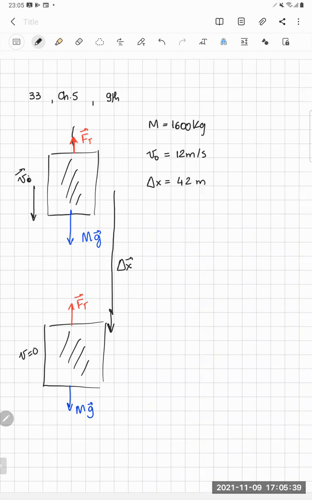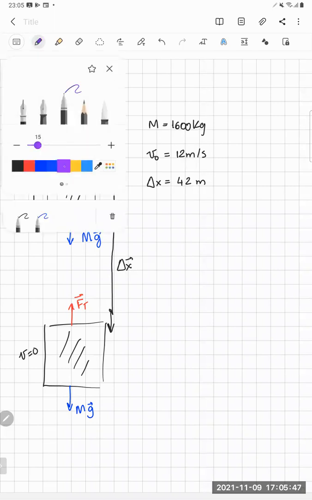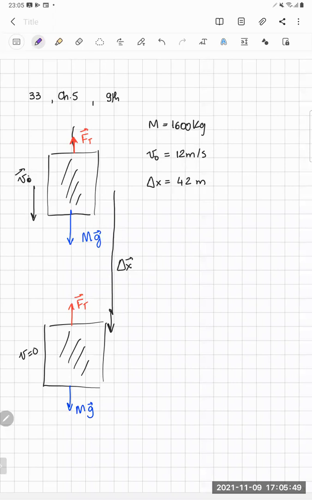Now, how are we going to solve this problem? As always, we have to choose a frame. I'm going to select a frame pointing up, so the y-axis is this line here, meaning any vector pointing up will have a positive sign and any vector pointing down will have a negative sign.